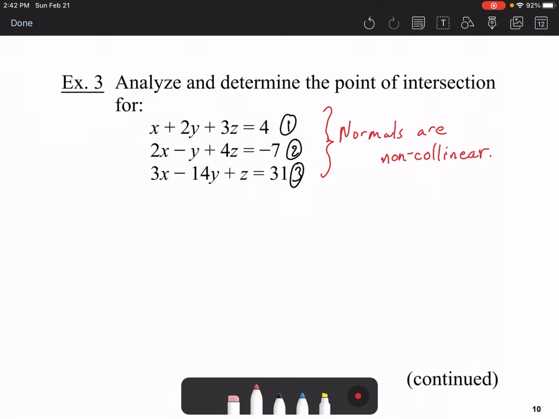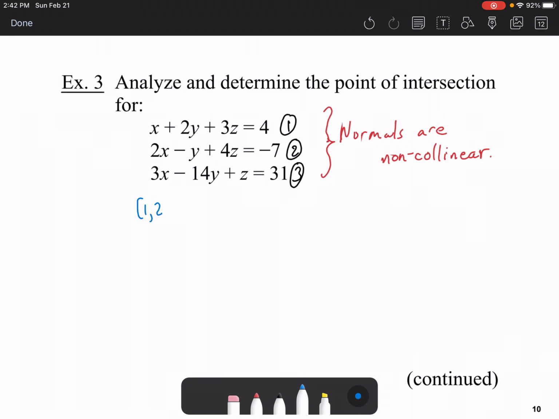The problem turns out to be a lot easier if they are collinear, and therefore you can start eliminating some planes. And then it goes back to just looking at how two planes might interact with each other. So let's now determine if the normals are coplanar.